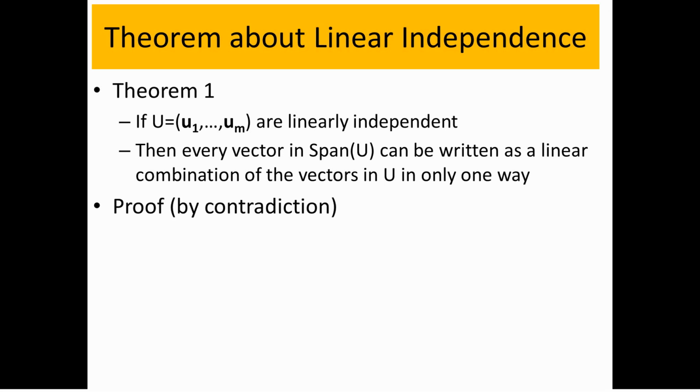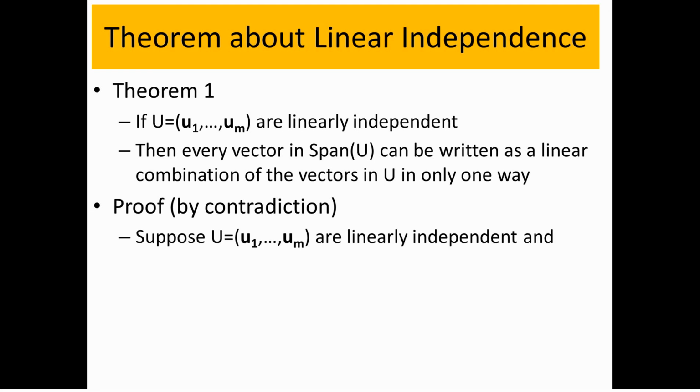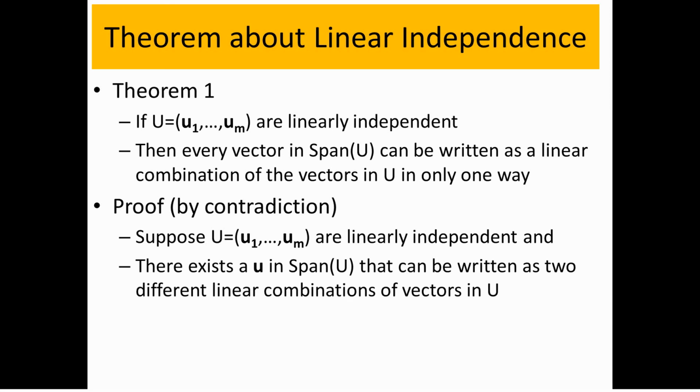So let's say, suppose we have a list of vectors that's linearly independent, but guess what? I have two ways of writing a vector as a linear combination of the vectors in U that are different. So we're going to suppose that capital U is a linearly independent set, but there's a vector in the span of U that can be written two different ways. And so let's look at what that would imply.